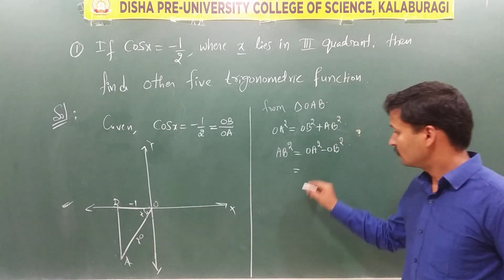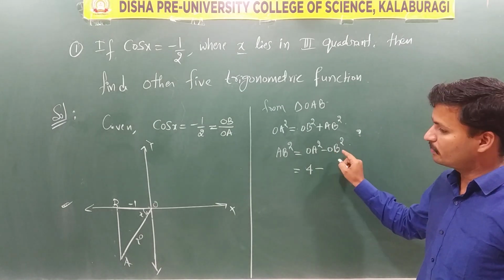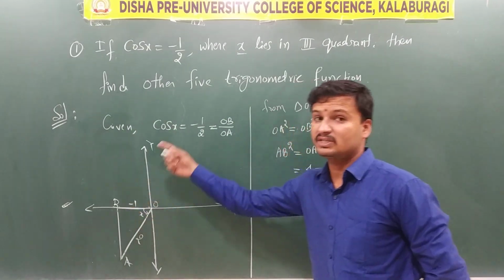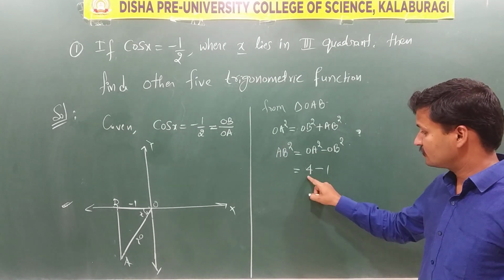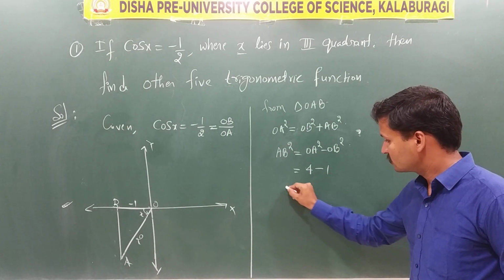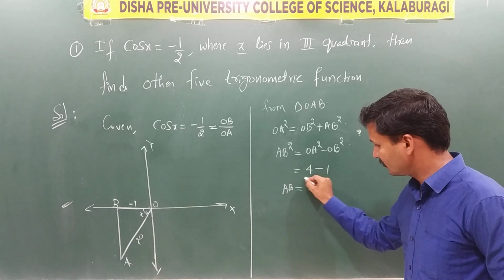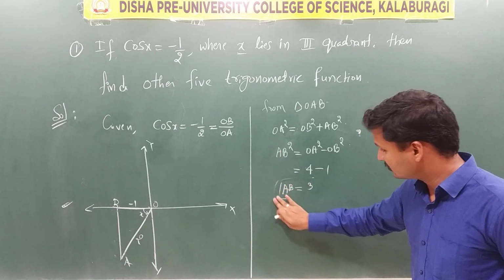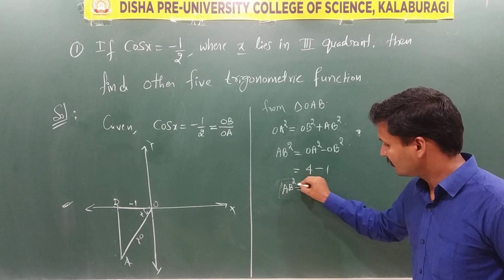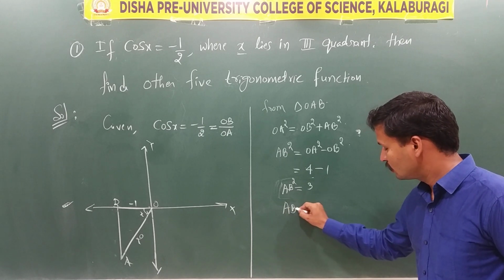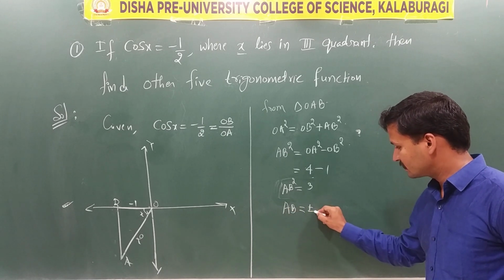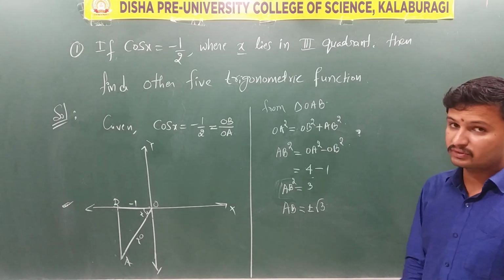2 square is 4, minus OB, that is minus 1 whole square, is plus 1. So 4 minus 1 is 3. Then AB square is equal to 3, then AB is equal to root 3. But actually that is plus or minus root 3.